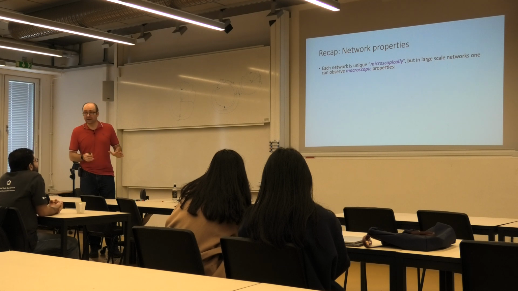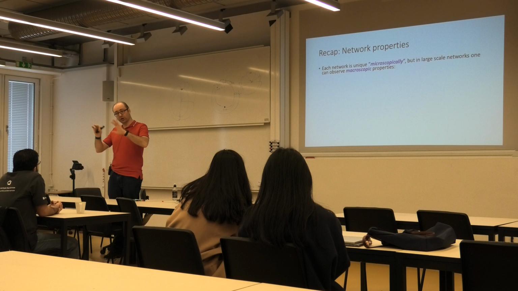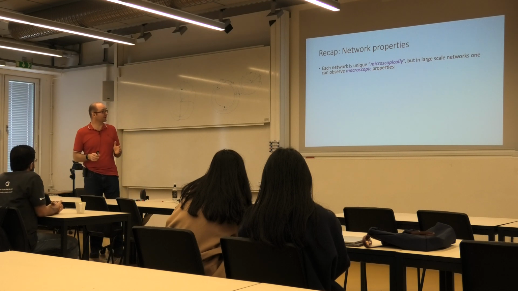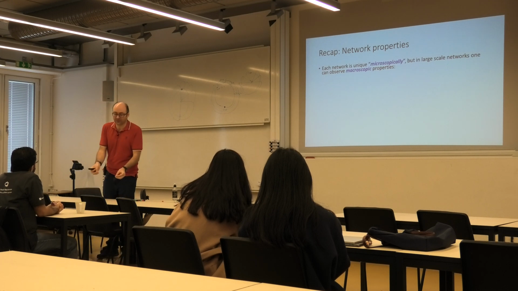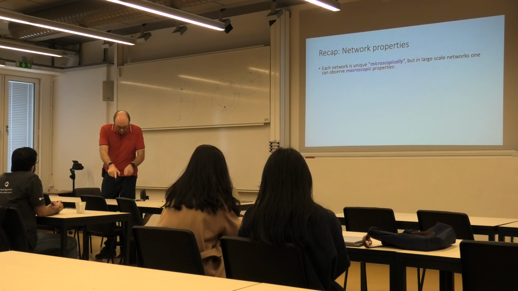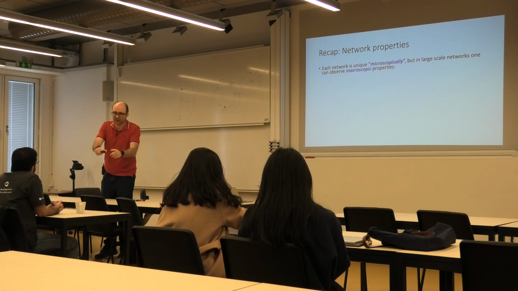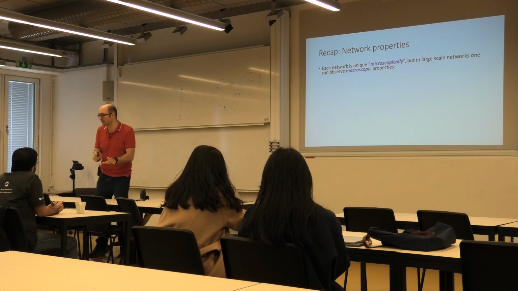So okay, with this I will finish the models part. I want to re-emphasize that when we look at the network, of course we can look at everything microscopically, like if Peter has 55 friends and these 55 friends have that many friends themselves, that's one thing.